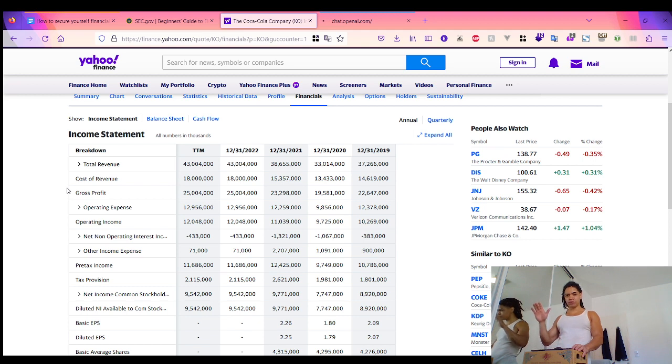So moving down the stair, you have most of the time the cost of sales, or the cost of revenue, right?